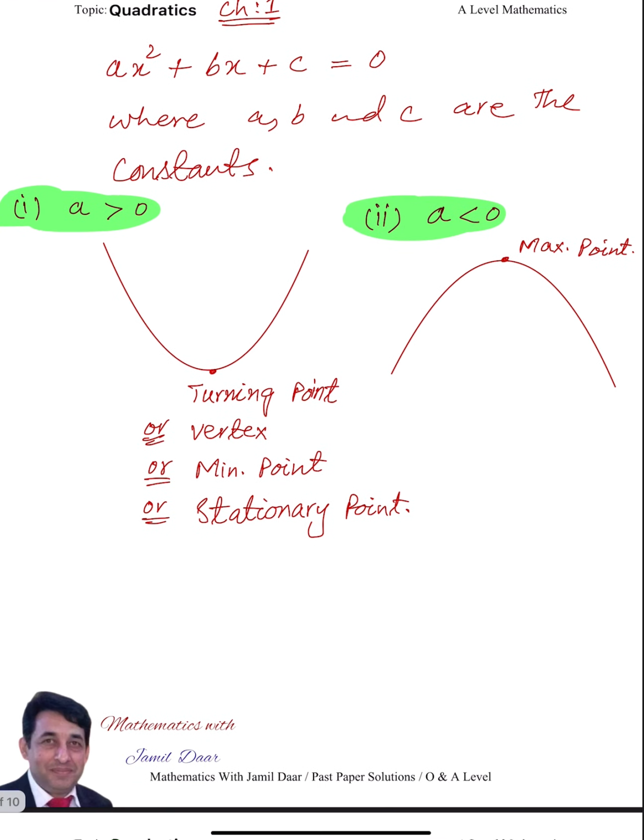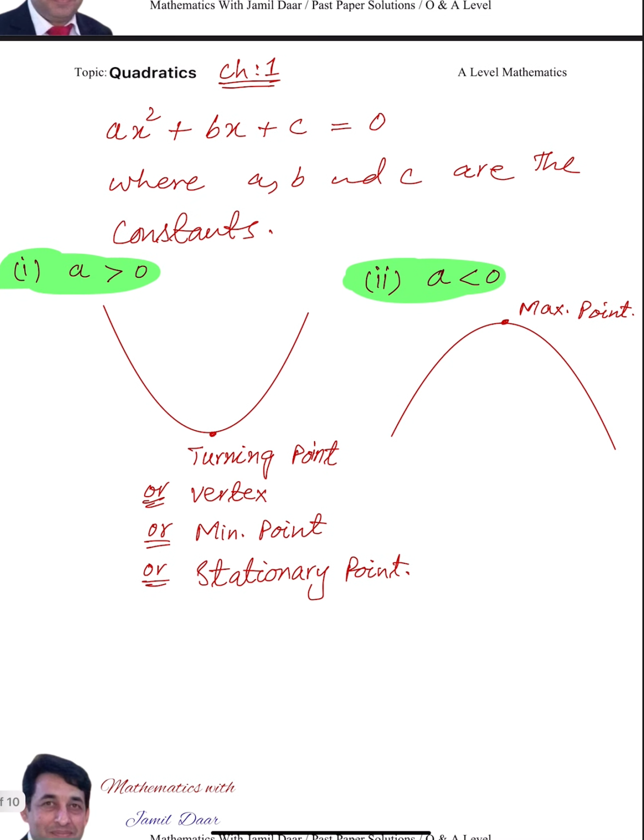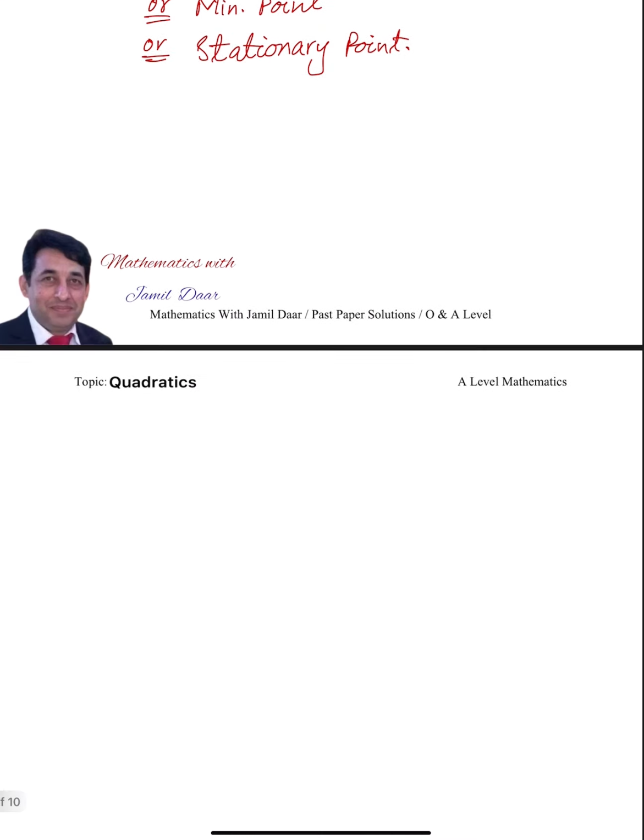Okay, what happens with b? What changes in the graph? The b can change how it looks, and bring the changes.